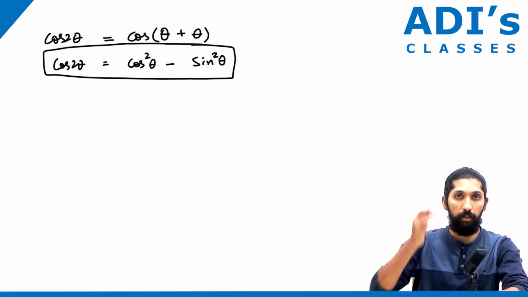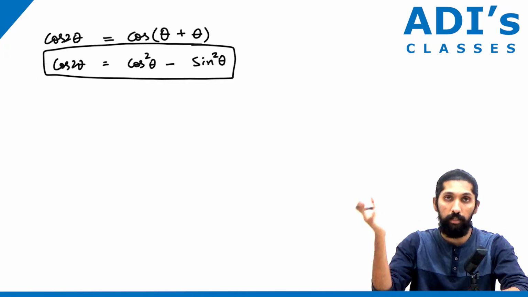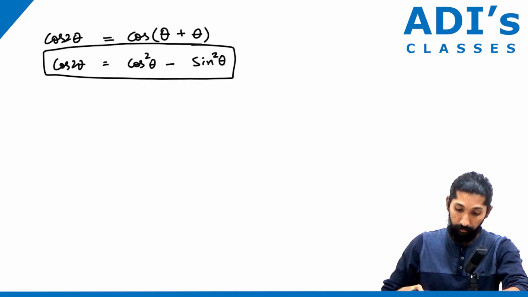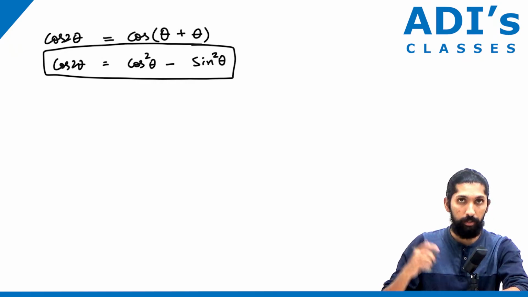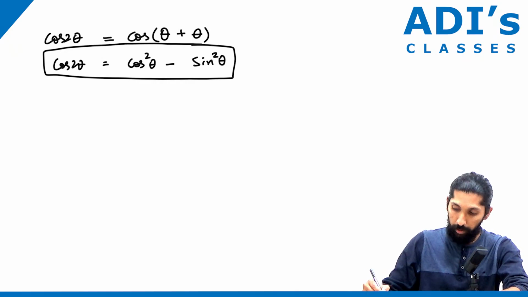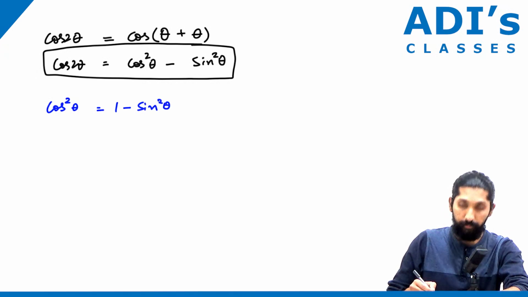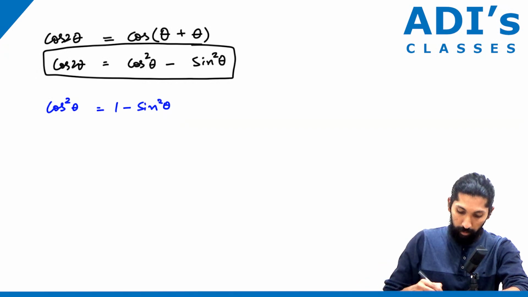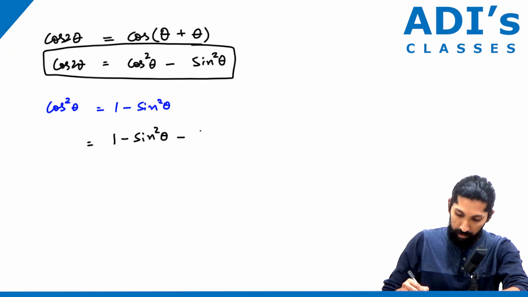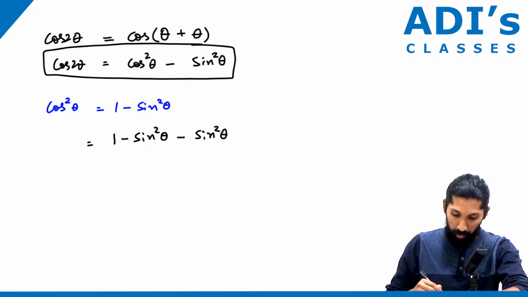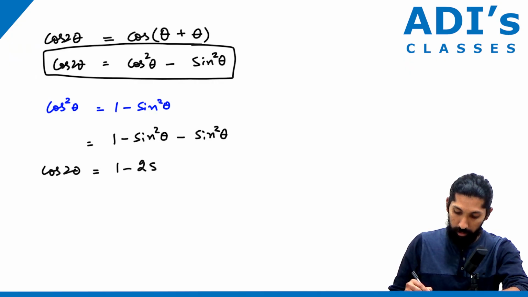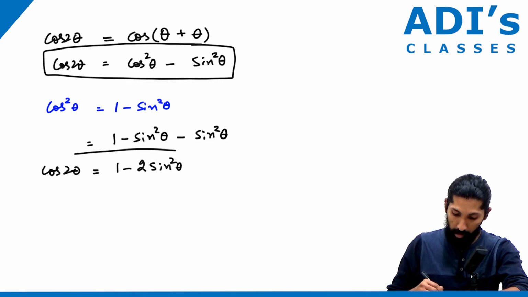Now we can convert the cos square in terms of sin square, and sin square in terms of cos square, correct? If we do that, we are going to have other formulas. In the first case, convert cos square theta as 1 minus sin square theta. Then you will get 1 minus sin square theta minus sin square theta. So cos 2 theta is 1 minus 2 sin square theta.